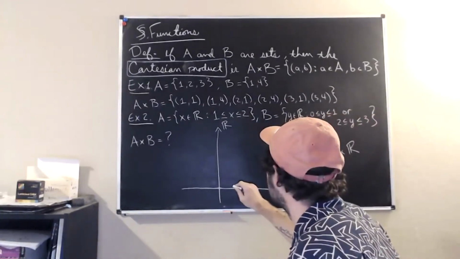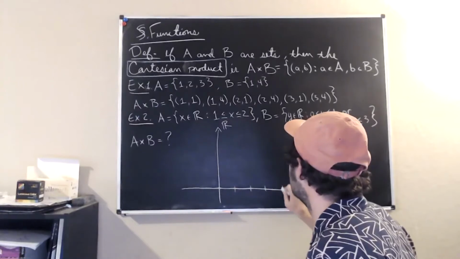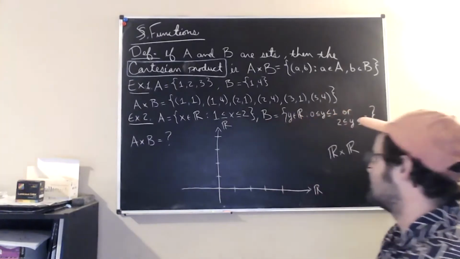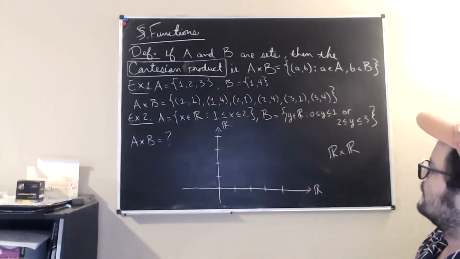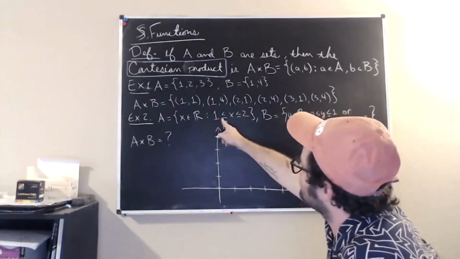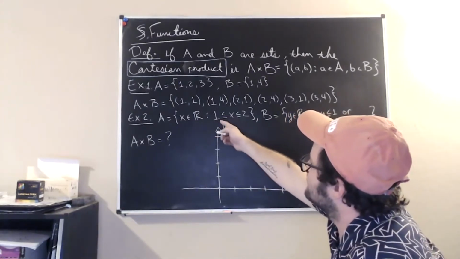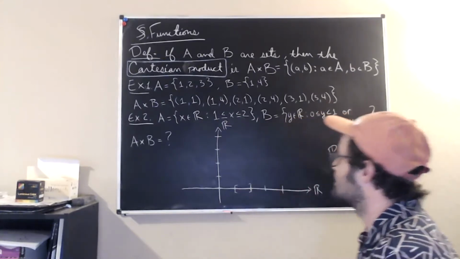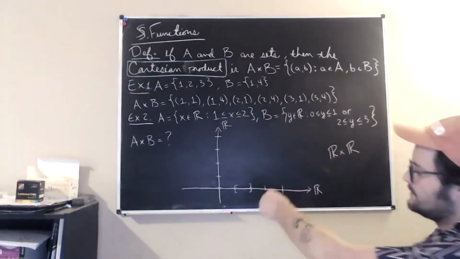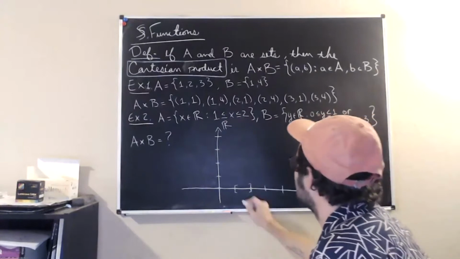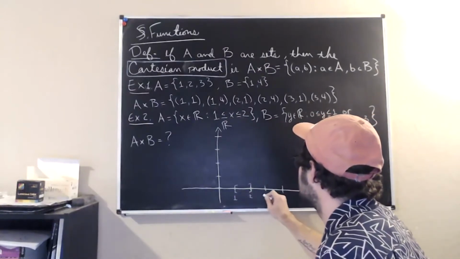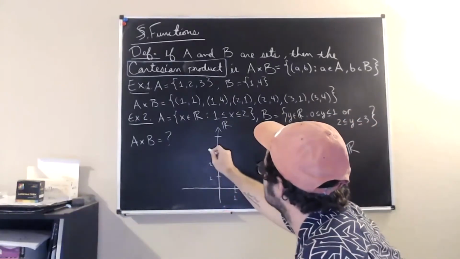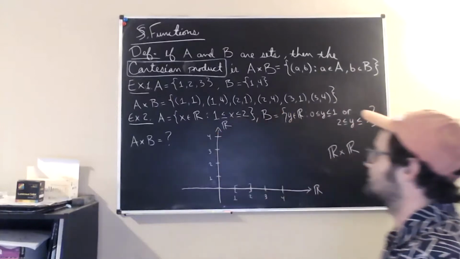So let's just say 1, 2, 3, 4, 1, 2, 3, 4. Let's look at A. So A is the set of all x that are in the interval 1 to 2. So here's A, right? So every element in A belongs in here. So I'll go ahead and write down the numbers here. So 1, 2, 3, 4, and then this is 1, 2, 3, 4.